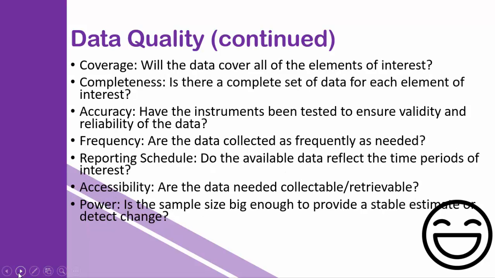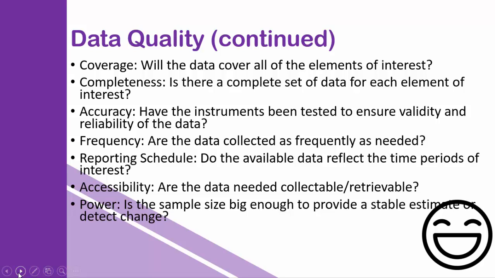Let's continue. Okay, so for data quality, we need to ensure that we cover all areas of interest. When we talk about coverage, we need to ensure that all the indicators are collected. And remember, the indicators are found in the strategic plan. So even as you're collecting this data, you have to ensure that it is feeding into all the indicators. It should be complete, it should be accurate.